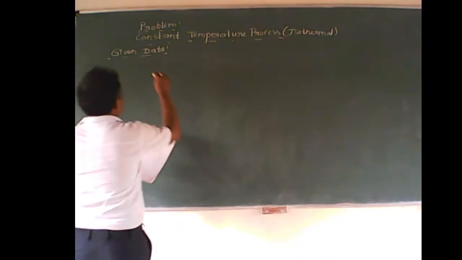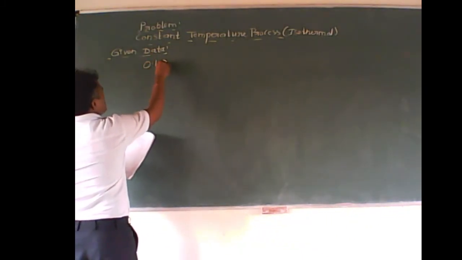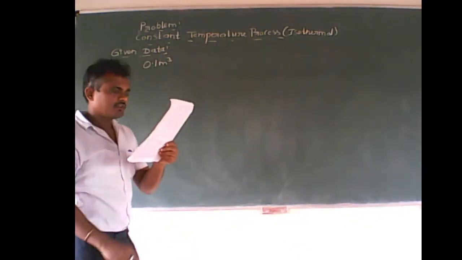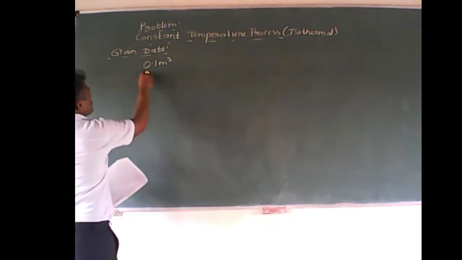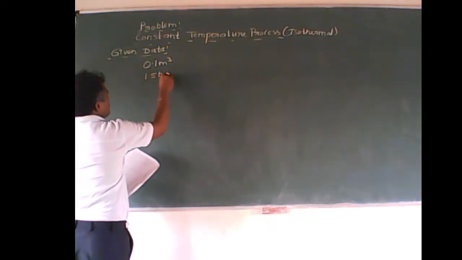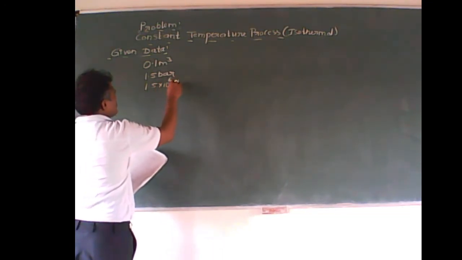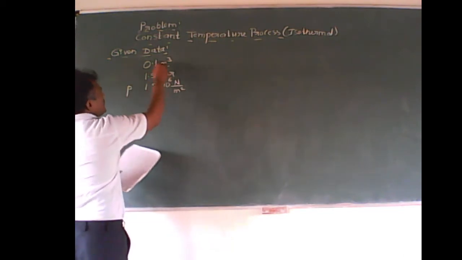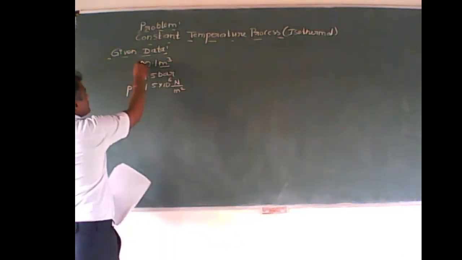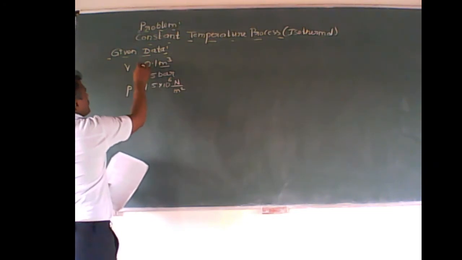Given data: 0.1 meter cube at a pressure of 1.5 bar. 1.5 bar means 1.5 into 10 raised to 5 Newton per meter square. So it is a pressure. By looking at the meter cube, you can understand that it is a unit of volume.